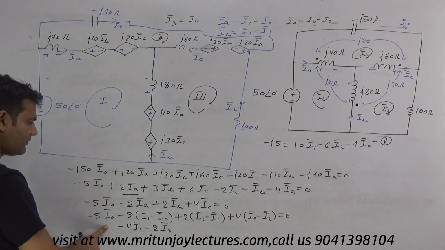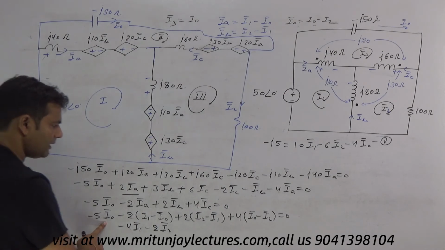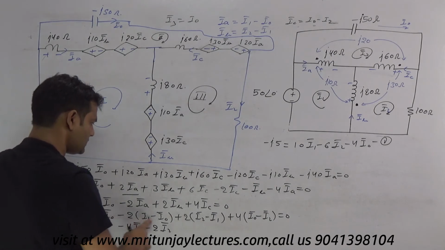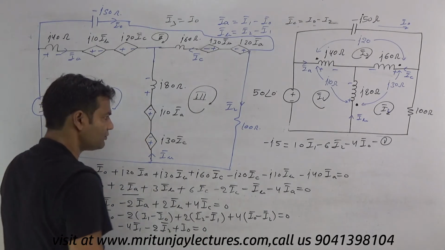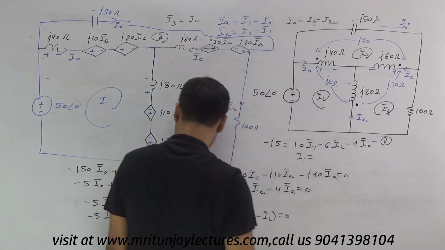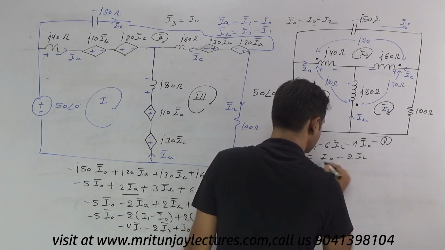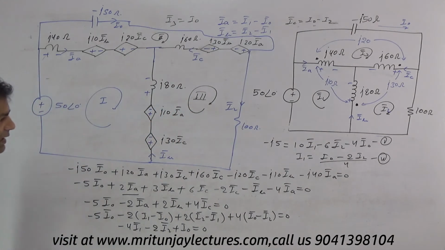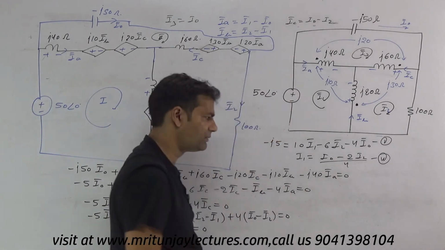Okay, minus 5 plus 2, that is minus 3, and plus 4 plus 2, 6, that is plus I naught. This is equal to 0. So what about I1? I1 is written as I naught minus 2I2 divided by 4, that is equation number 2.